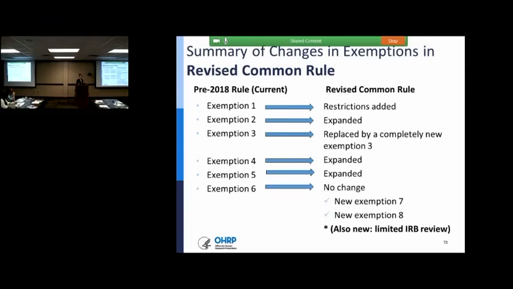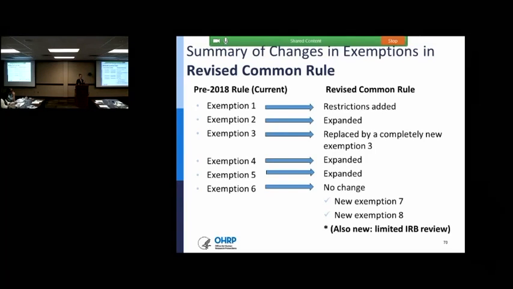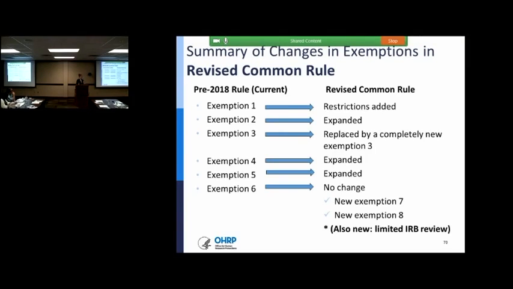The pre-2018 exemption 3 has been removed completely, and then another new exemption has been put in that location. Exemption 4 has been expanded, as has exemption 5. As we said, exemption 6 has had no change. And then exemptions 7 and 8 are brand new, along with the provision that I've already discussed, which is limited IRB review. So we're going to go through these one at a time.